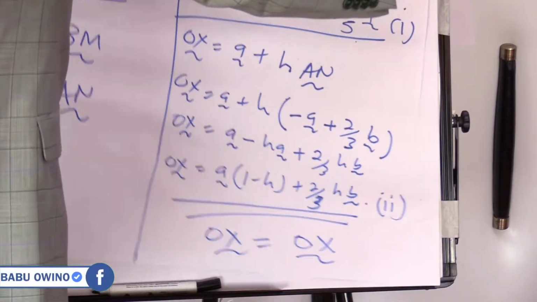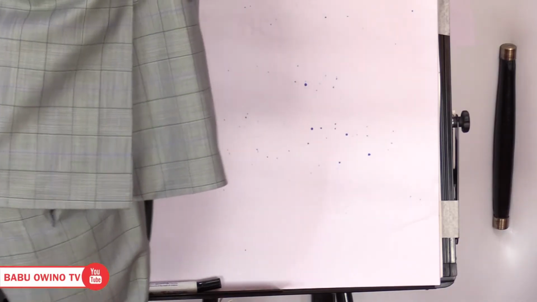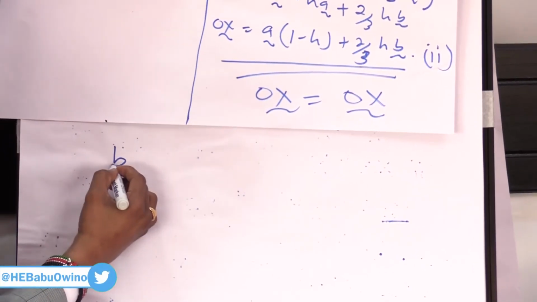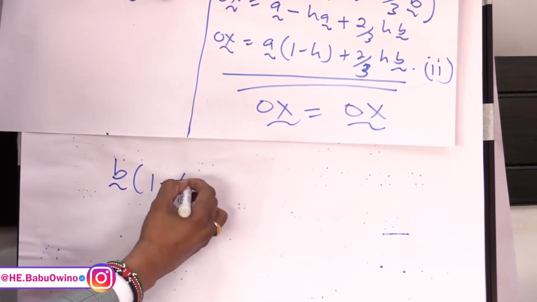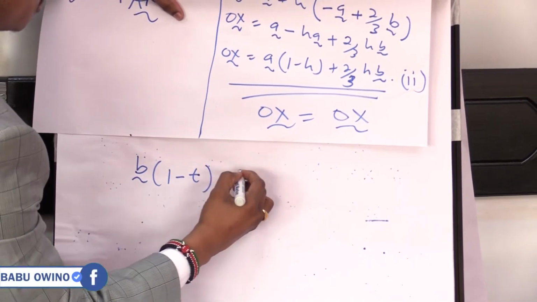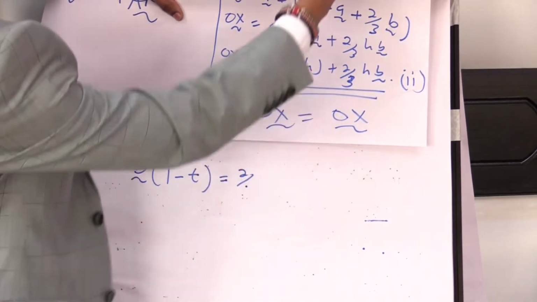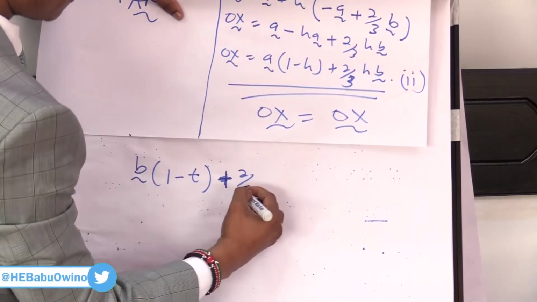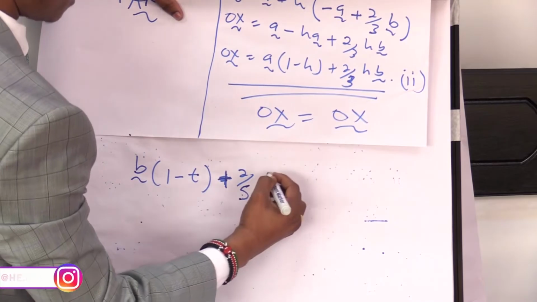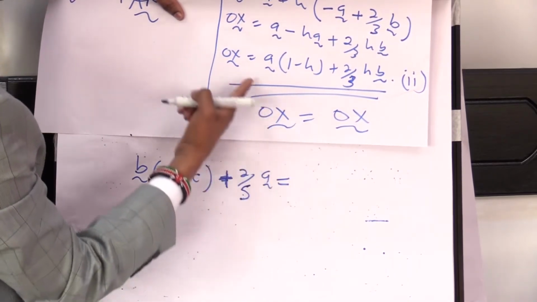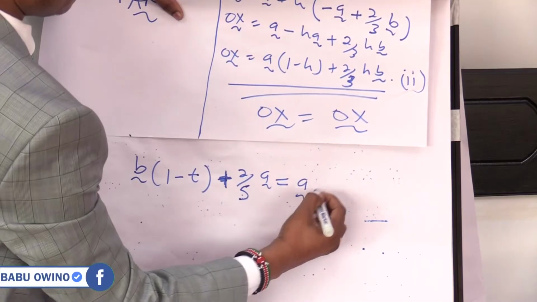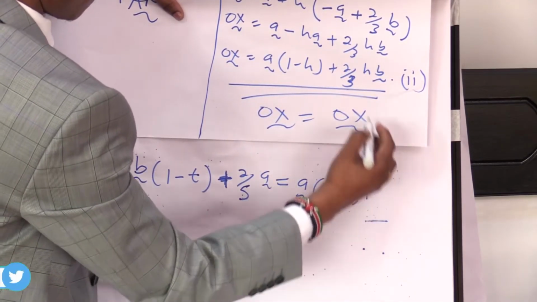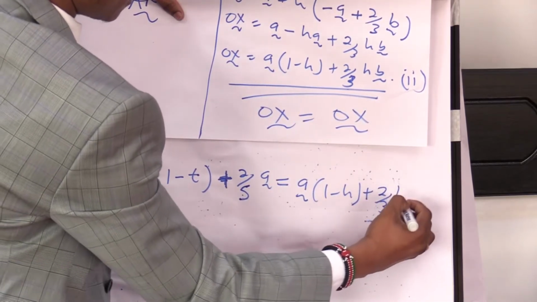What do we get here? This OX, which is B into 1 minus T plus 2 over 5 of TA, equals this OX, which is A into 1 minus H plus 2 over 3 HB.